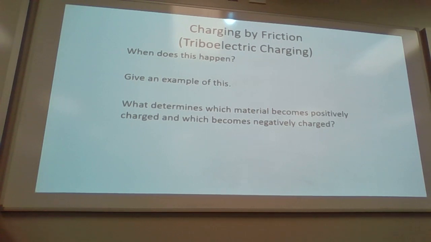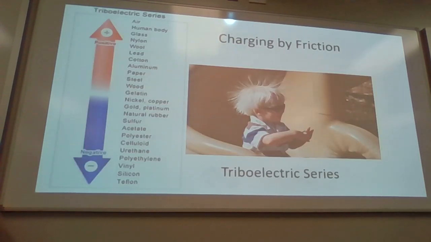Pulling a blanket off the couch, taking a coat off, jumping on a trampoline, petting a cat, getting out of a car. All those are examples of, like, dribbling a basketball. All those.